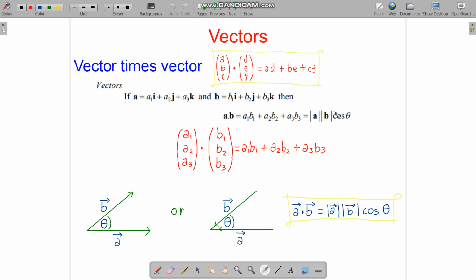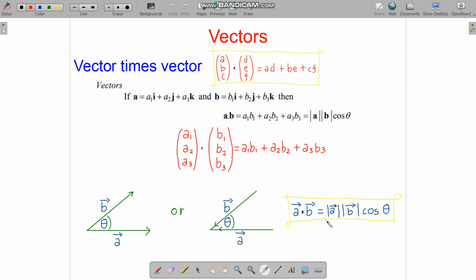Now remember, for the direction, if we are finding a dot b, the vector a and the vector b must both start at exactly the same point, or they are heading to exactly the same point. If a is going to the right and b is going in a different direction, it doesn't work. So they must have the same initial position or ending position, and theta would be the angle between them.